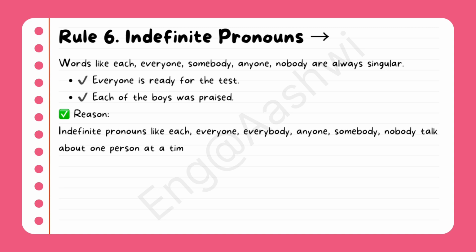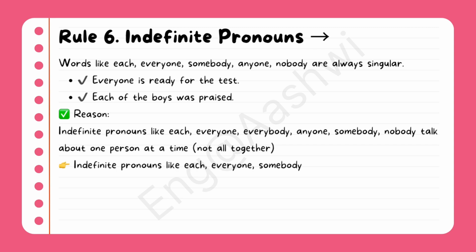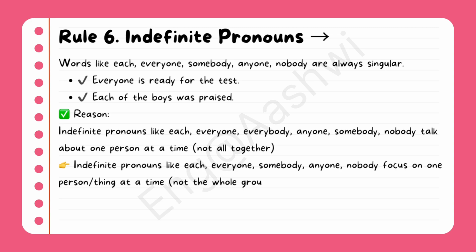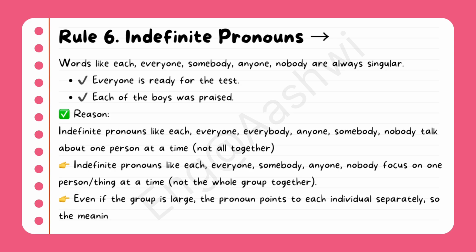Reason: indefinite pronouns like each, everyone, everybody, anyone, somebody, nobody focus on one person or thing at a time, not the whole group together. Even if the group is large, the pronoun points to each individual separately. So the meaning is singular, and the verb must also be a singular verb.